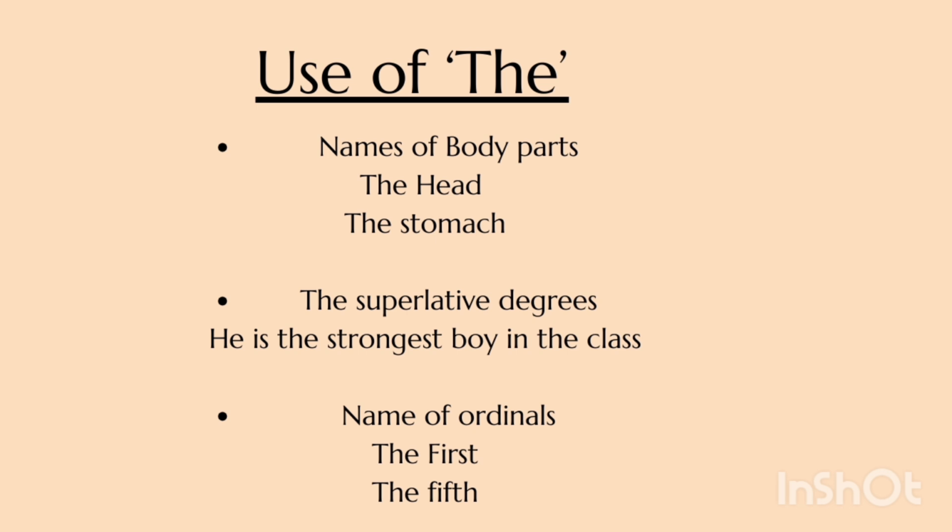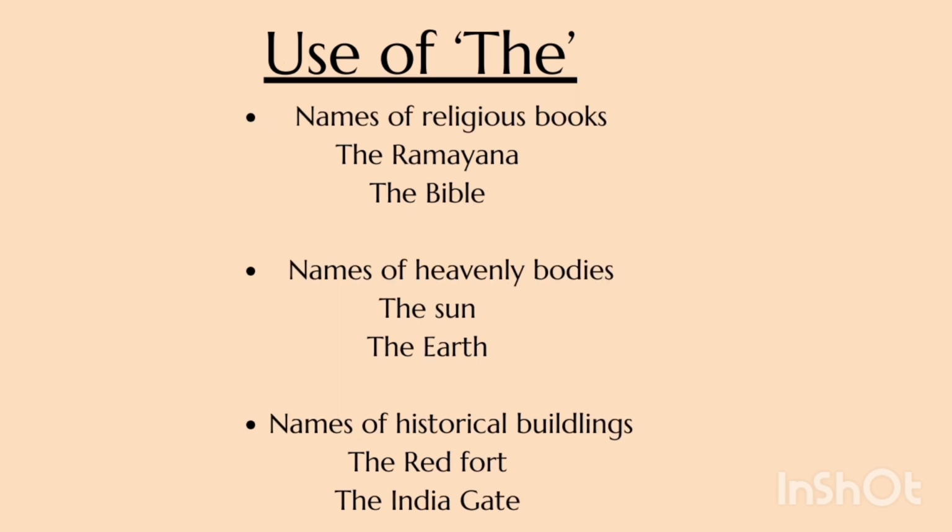Always before ordinal numbers we use the. Names of religious books like the Ramayana, the Bible, the Gita. Before the name of any religious book we use the. The names of heavenly bodies, the moon, the sun, the earth. The names of historical buildings like the Red Fort, the India Gate.